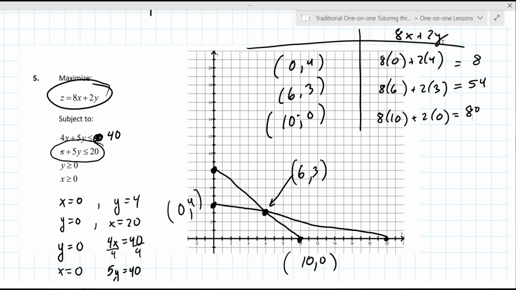So the highest is 80. Yeah, and you may have seen a lot of problems where wherever they intersect is the maximum, but you have to be careful. It really depends on the function that you're maximizing.